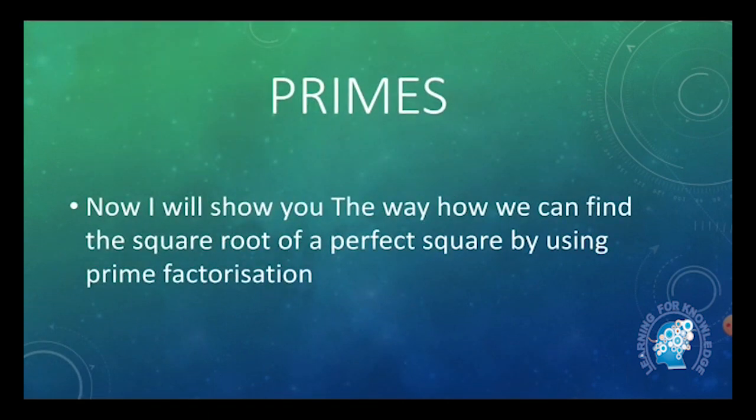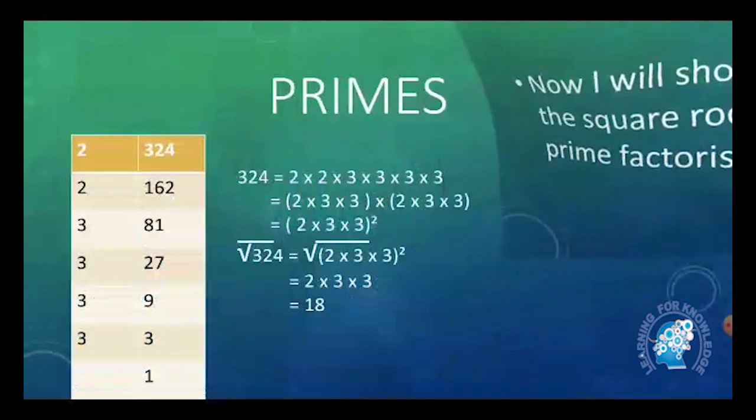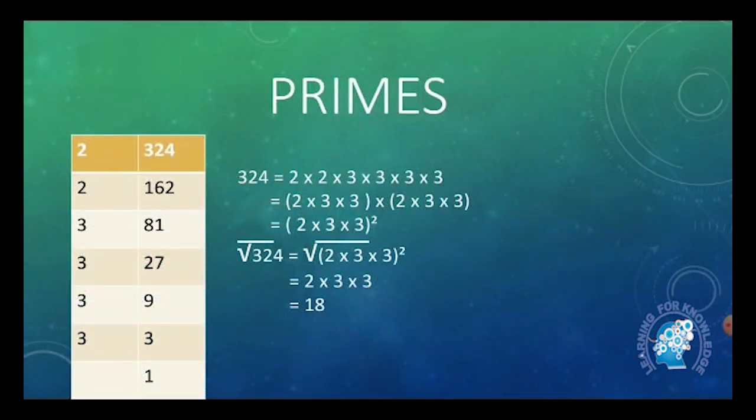Now I will show you how we can find the square root of a perfect square by using prime factorization. Okay, students, we will always start by doing the prime factorization of the specific number. In this case, we have to find the square root of 324.